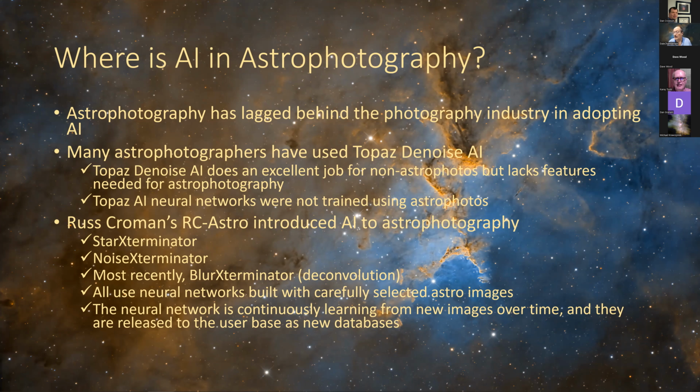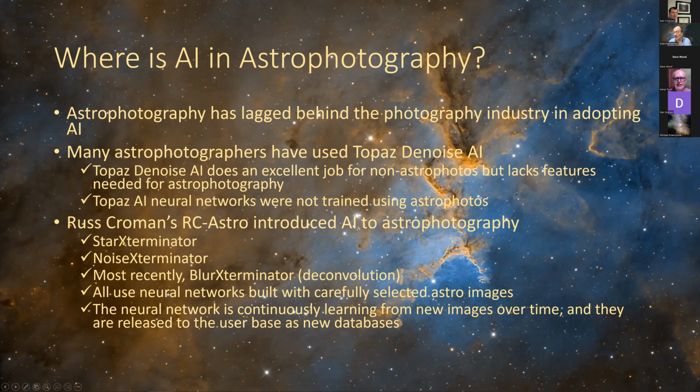They may have some astro photos in there, but that's not been the core of the training of those AI neural networks. Now, Russ Croman's RC Astro introduced the AI to astrophotography. To my knowledge, I may be wrong on this, but I don't know if there was actually a true AI for astrophotography before these tools came out.